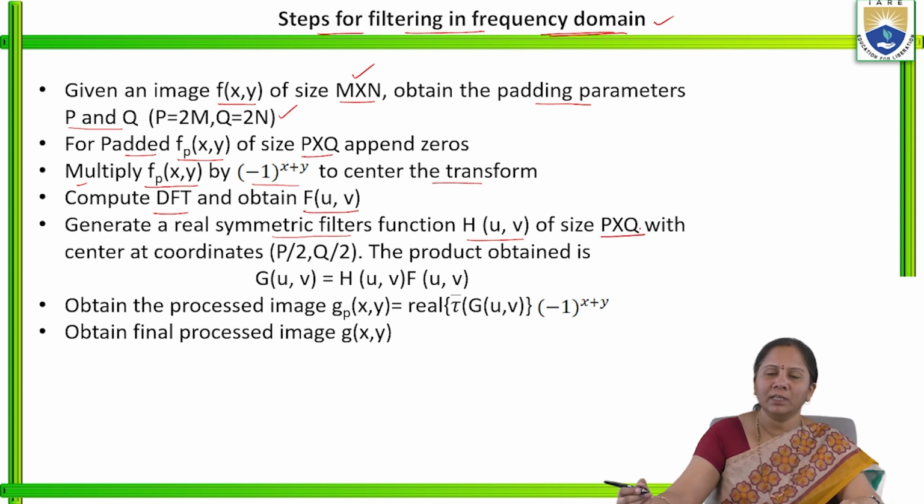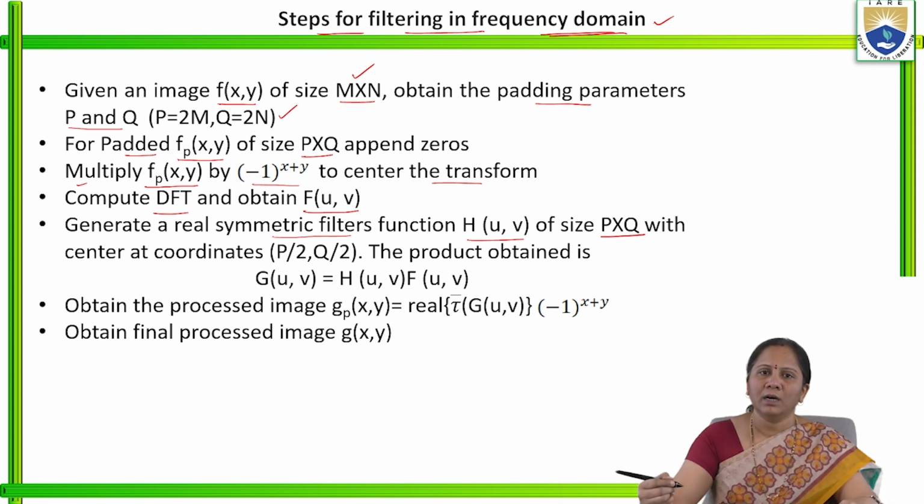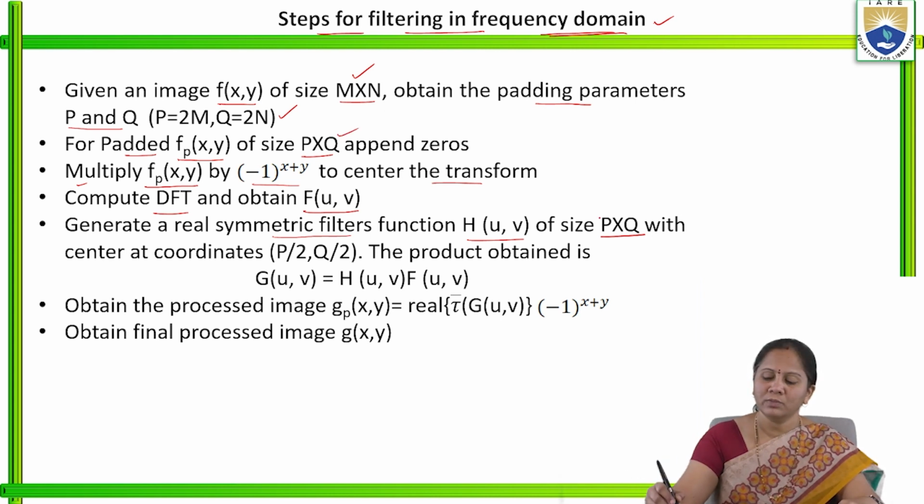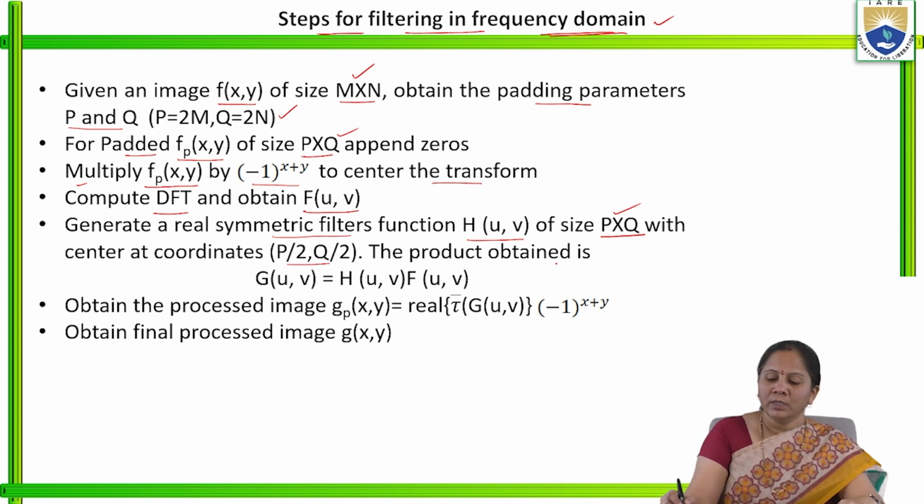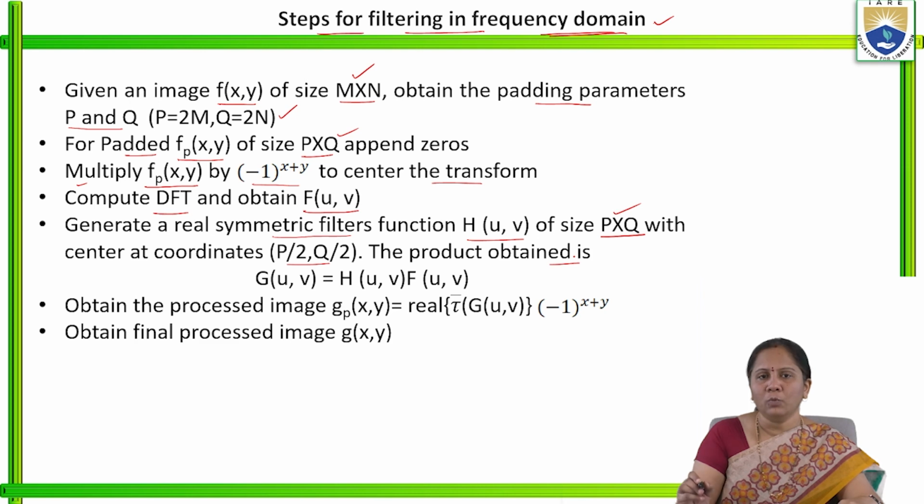Here the size of the filter is p by q, the same as the size of the padded image, with center coordinates p by 2 and q by 2. After filtering, the output we get is considered as G of u comma v, which is the product of H of u comma v, that is the filter function, and F of u comma v, which is the output from DFT. Then obtain the processed image.